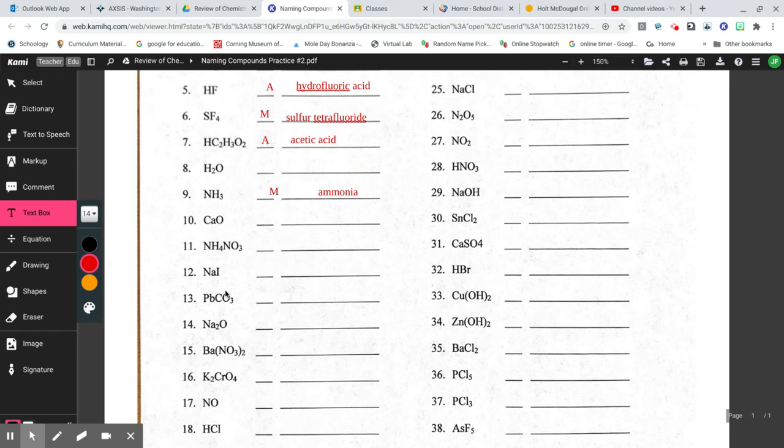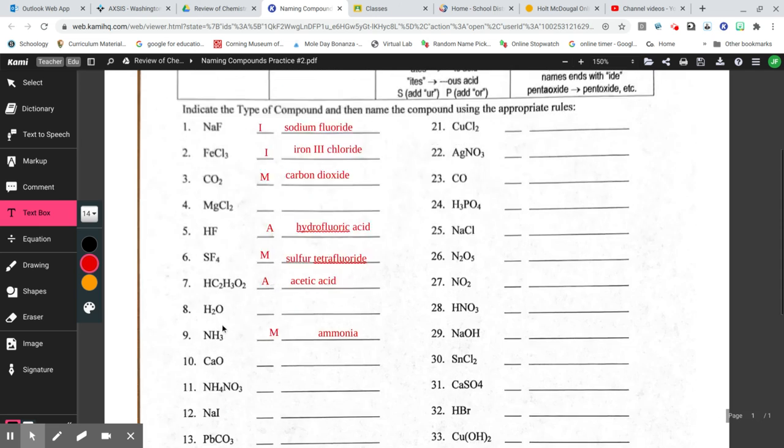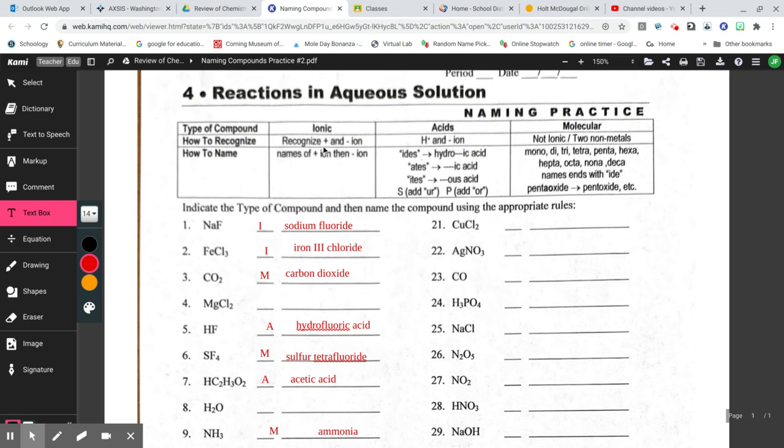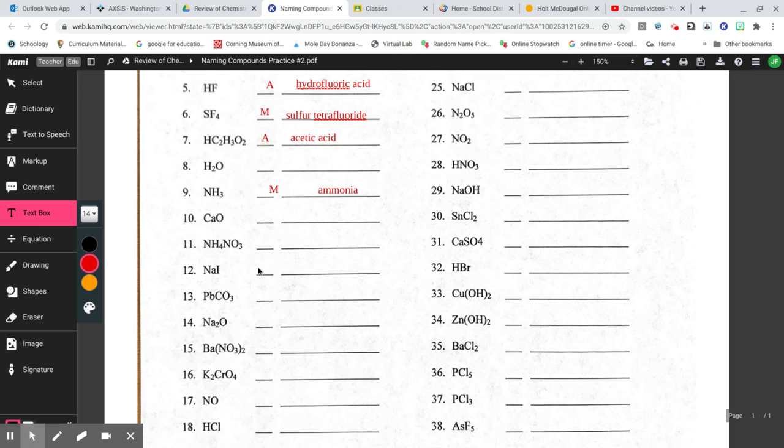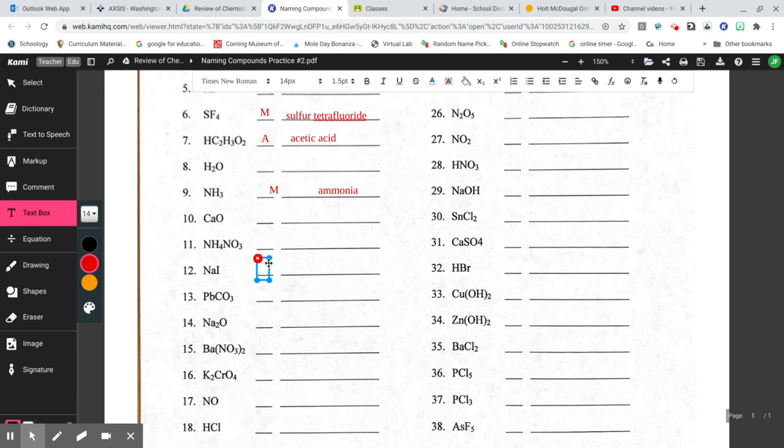So I also made a note to take a look at number 14. So we have Na2O. This is going to be ionic because it's a cation and an anion, or a metal and a nonmetal. If you're not sure, again, find sodium on the periodic table and look at how we color coded it. Oops, I put that in the wrong spot. Here we go.